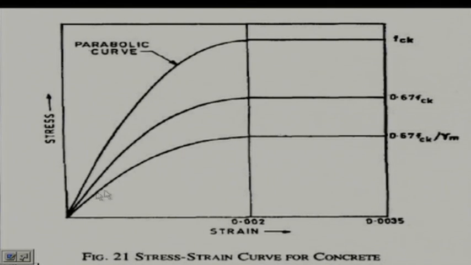What we consider here: this is the cube strength, M20 20 Newton per square millimeter, M25 25 Newton per square millimeter. We shall take 0.67, that means 2/3 of that cube strength or characteristic strength for our design purpose.